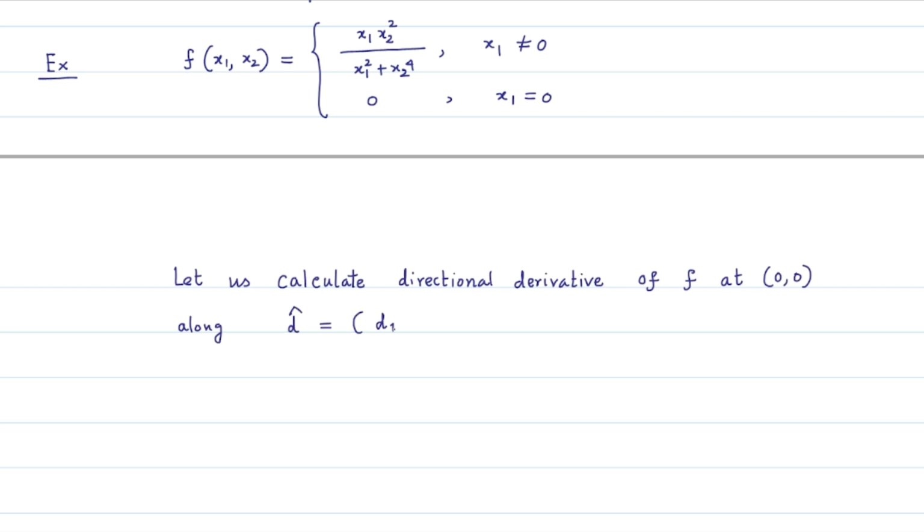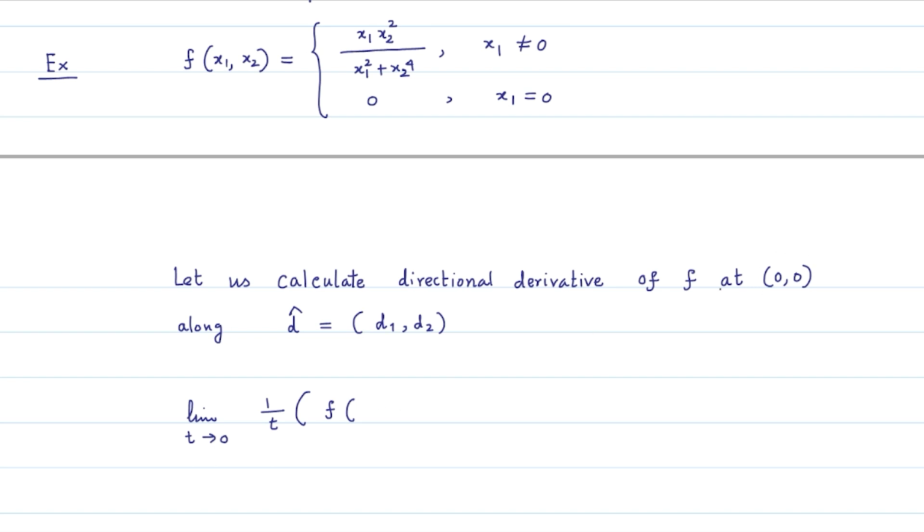Let's suppose the coordinates are d1 and d2. To identify this directional derivative, we calculate the limit as t tends to 0 of 1 upon t times the expression f of c plus t d hat.